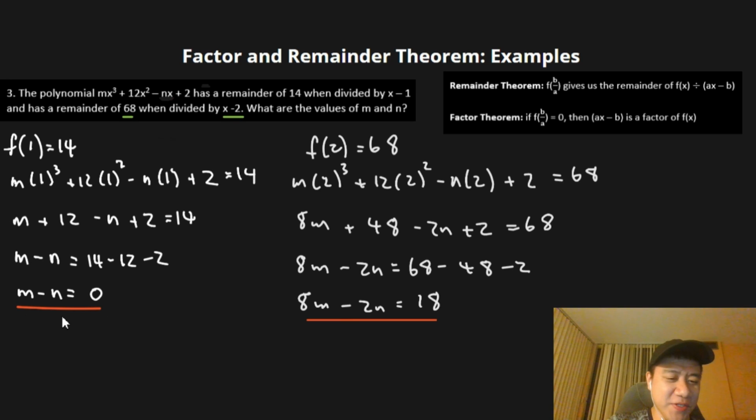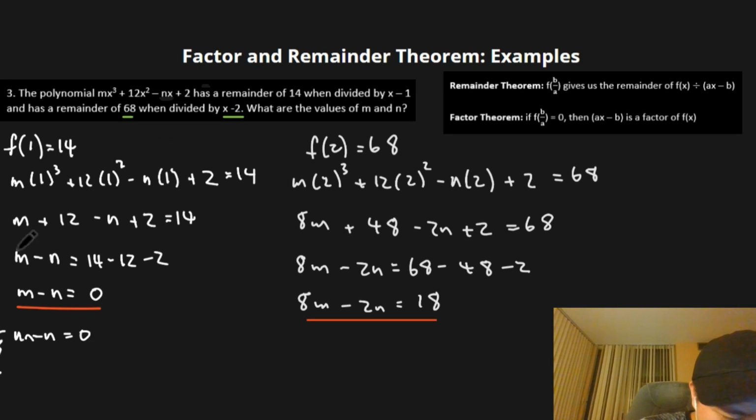We can take one equation, solve for m or n, and then substitute that into our second equation to find m and n. This is just the process of systems of equations. So we're going to do that up over here. Okay, let's just work down here. So we have m minus n equals 0.